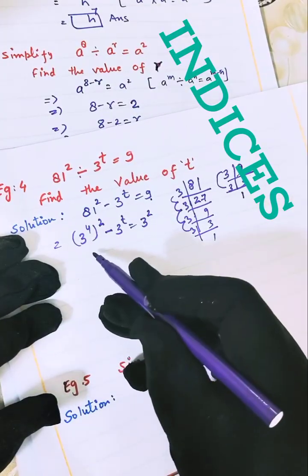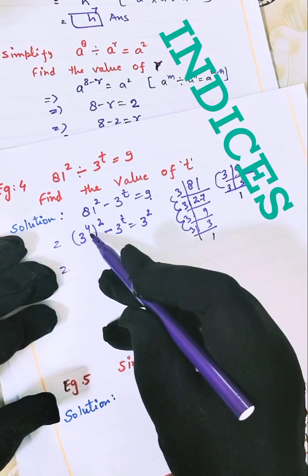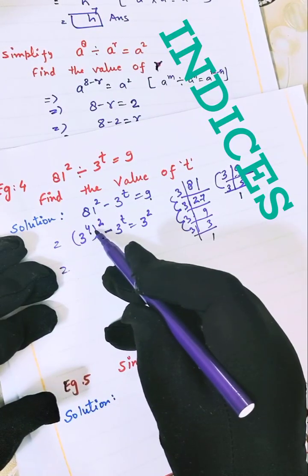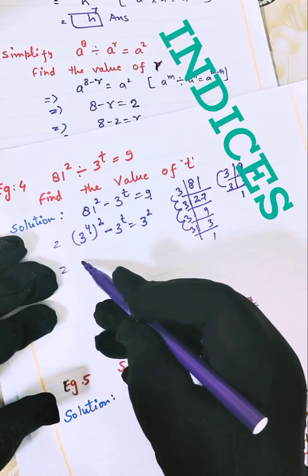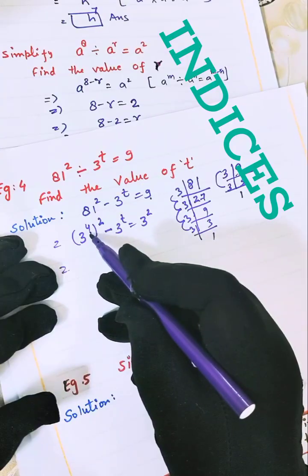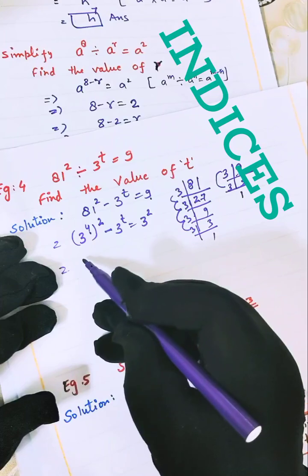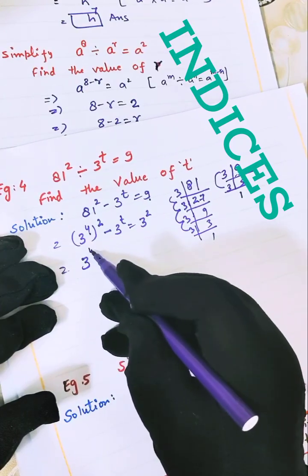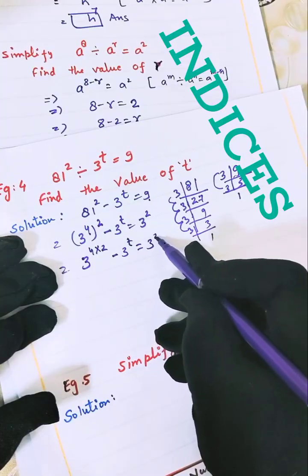Now simplify. First of all, we will simplify the power inside the bracket and outside the bracket. We will apply the formula. Which formula? When there is a power inside the bracket and outside the bracket, we multiply the powers. So 3 to the power 4 times 2, divided by 3 to the power t equal to 3 square.